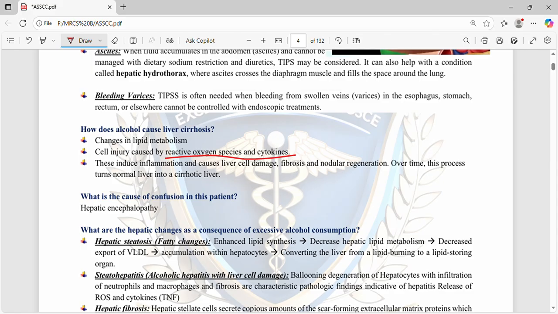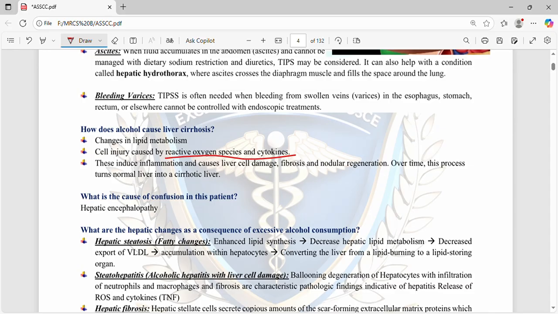They can also ask how ethanol or alcohol metabolism occurs. There are two steps. First, alcohol dehydrogenase converts the ethanol into aldehyde, and then aldehyde dehydrogenase converts the aldehyde into acetic acid.